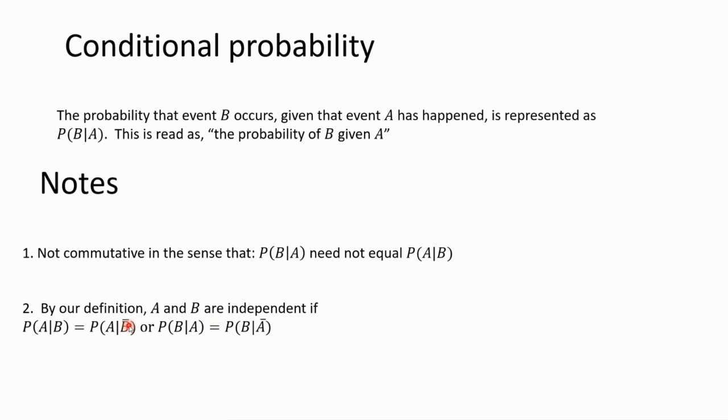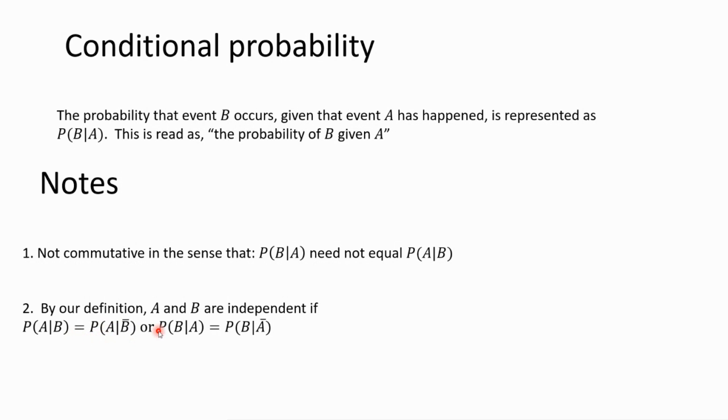The complement is denoted by a little bar up here. And remember, the complement of an event occurs if the event has not occurred. So the complement of B occurs if B has not occurred. Again, that's just a definition.